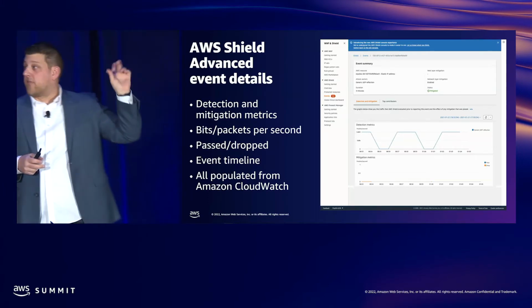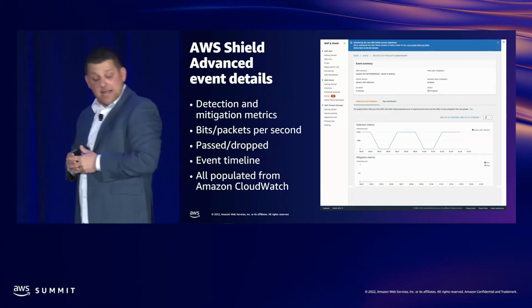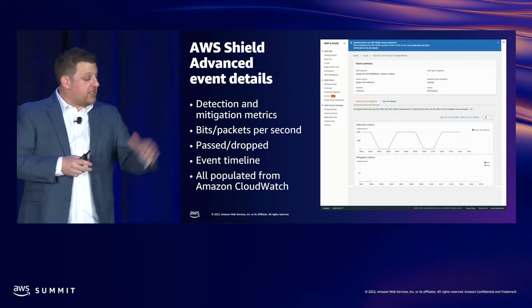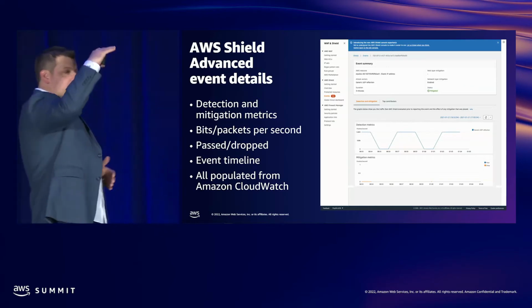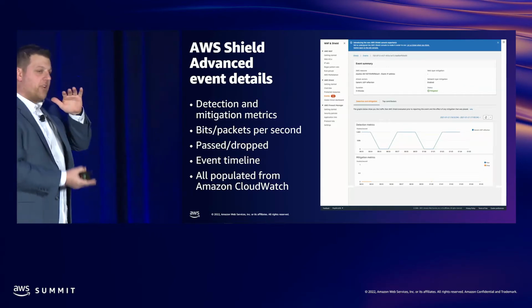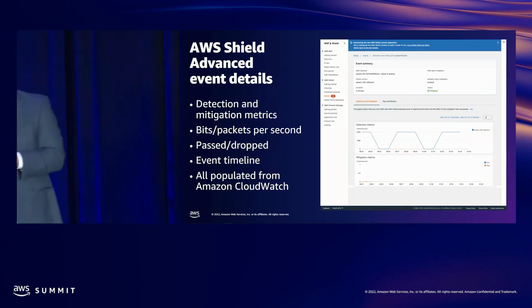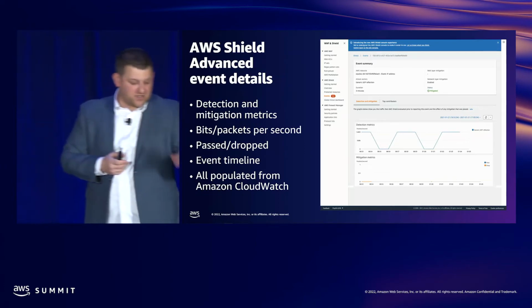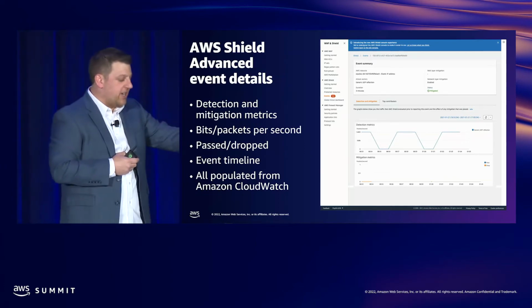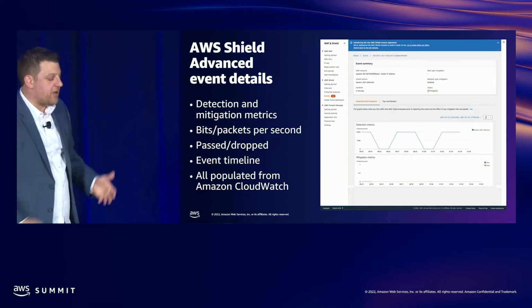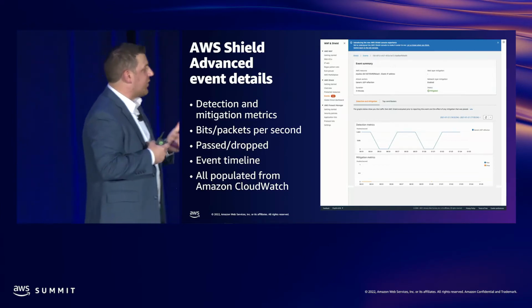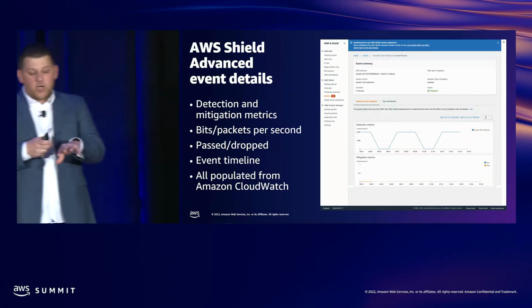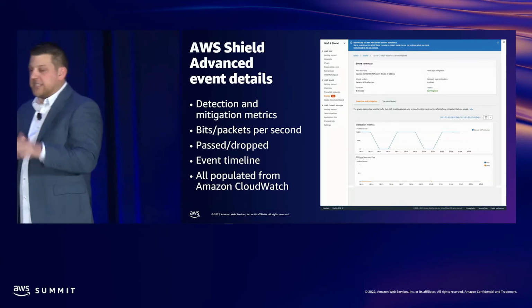The first one is details on the detection and mitigation metrics. In your console, you'll start from a page showing all of your DDoS events, if there are any. When you click on an event, the first page shows advanced detection and mitigation metrics like bits and packets per second, how much was passed, how much was dropped. So you get a really good amount of detail here.